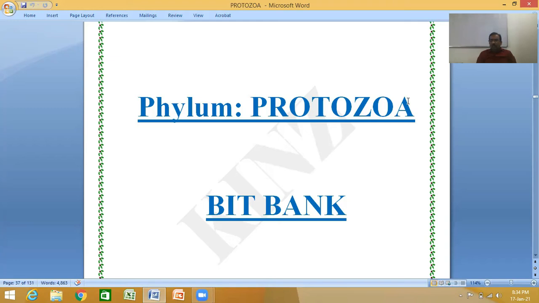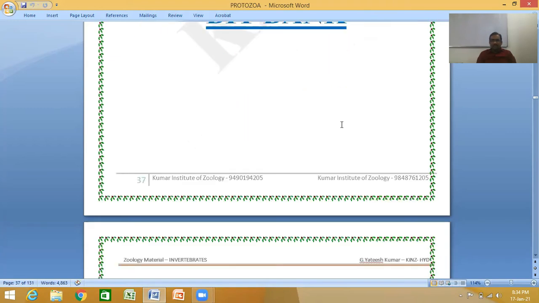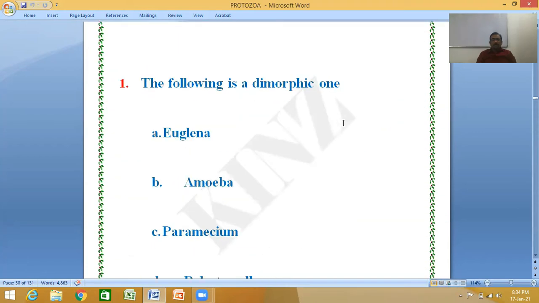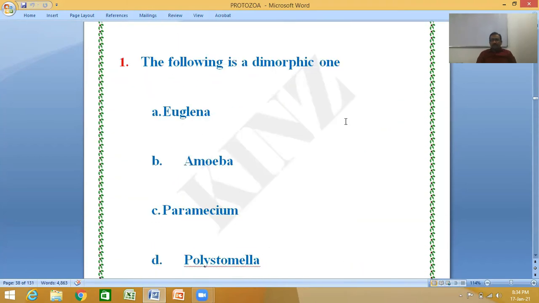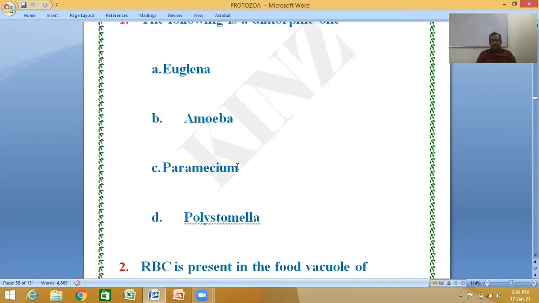And now we are entering into the Protozoa bit bank one by one. The first bit: the following is a dimorphic one. Dimorphic means morphologically two forms are present. Euglena is single, amoeba also single, and Polystomella has macro and micro forms, two forms are present.